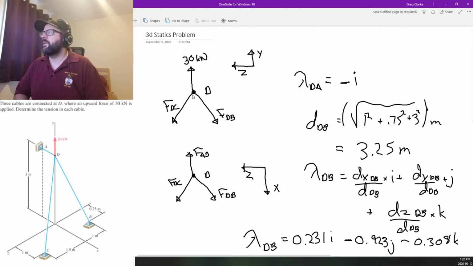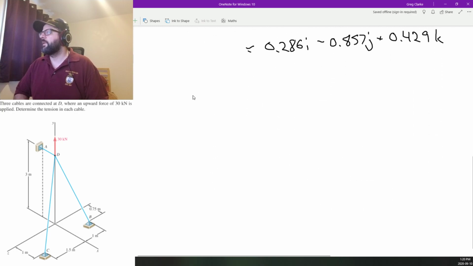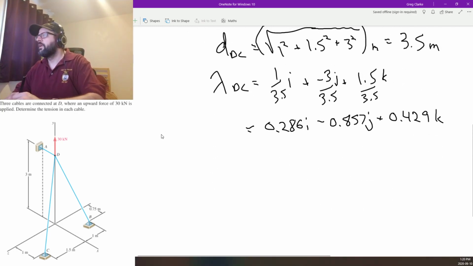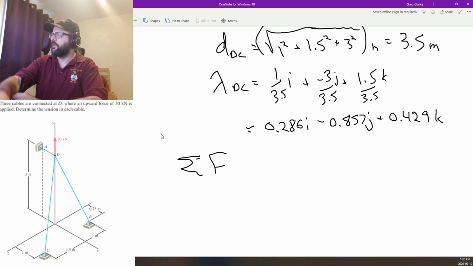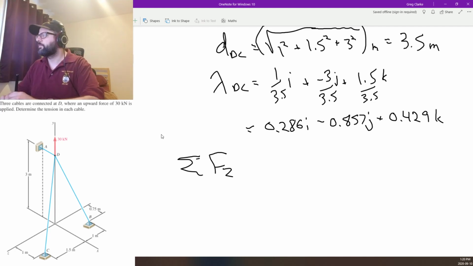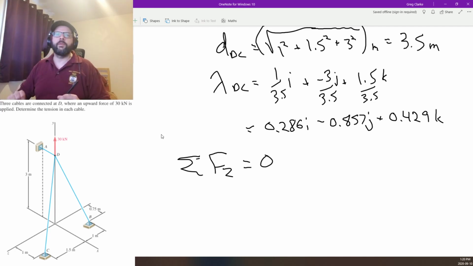The easiest way to do that, we know that there are only two forces acting in the z direction, our FDC and our FDB. So we can just take the sum of the forces in the z direction and have that equal to 0. This thing's in equilibrium, so those need to be equal to 0.